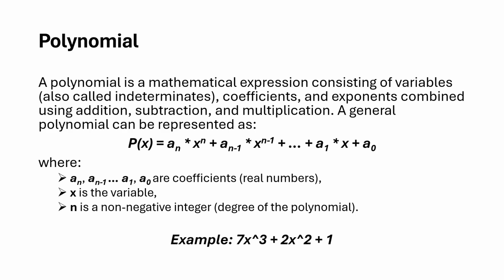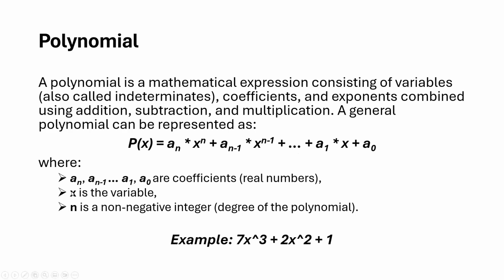A generic representation of a polynomial can be written like this: an x to the power n, an minus 1 x to the power n minus 1, and so on up to a1 x to the power 1 and a0, which is a constant term, or we can say a0 x to the power 0. So basically, these an, an minus 1, a1, a0 are the coefficients. Basically, we use real numbers to represent the coefficients of the polynomial.